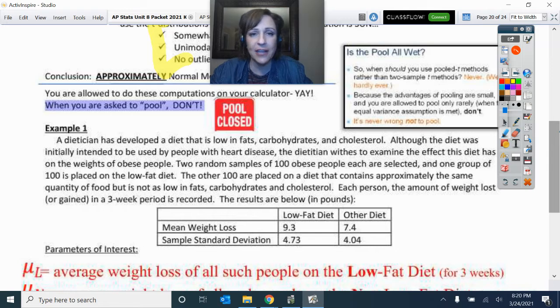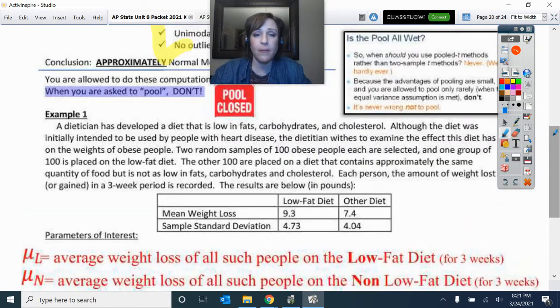So we'll go ahead and use our calculator for that. Let's do this example, and when we get to our calculator, I'll come back and revisit this. There's this thing about a pooled sample, and we'll talk about that when we get to it in our calculator. All right, so let's talk about our first problem.